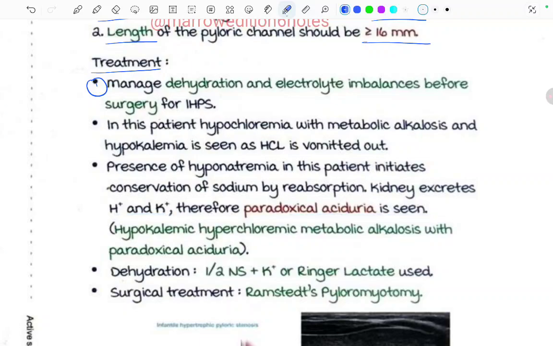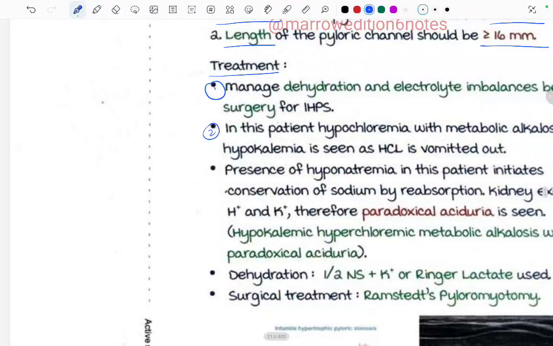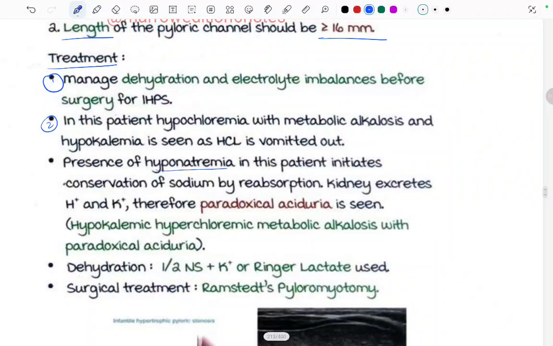So there is also presence of hyponatremia, and due to this hyponatremia, the patient initiates a conservation of sodium. And how is sodium being conserved?